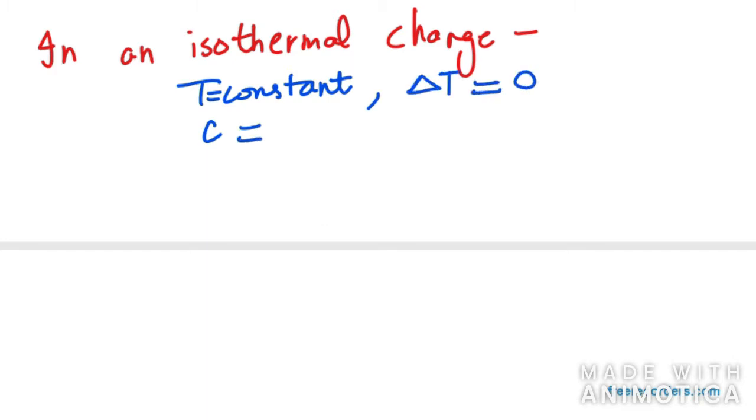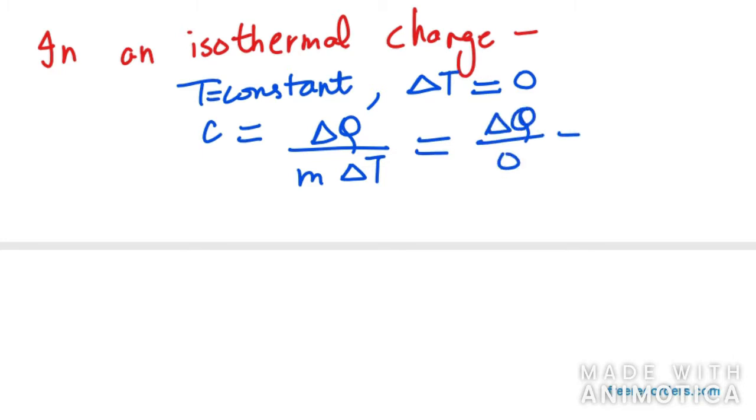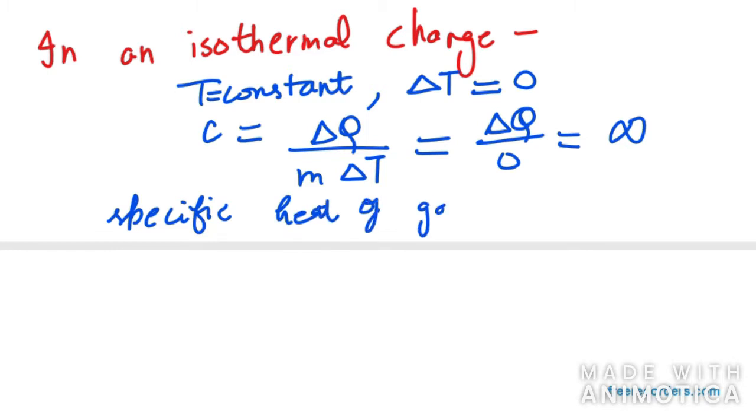The specific heat is given by del Q, that is heat content, over mass times del T. As the denominator is 0, that means it will be infinity. So the specific heat of gas in case of isothermal will be infinity.